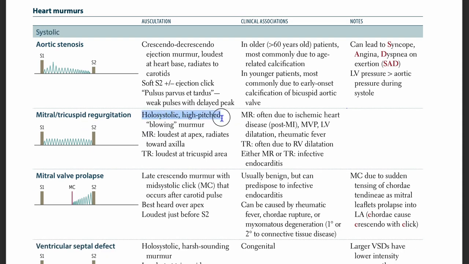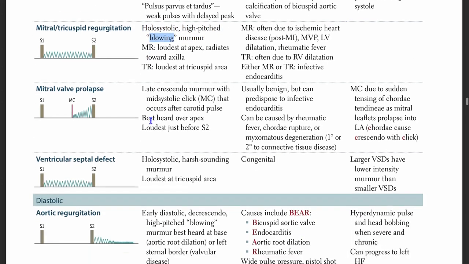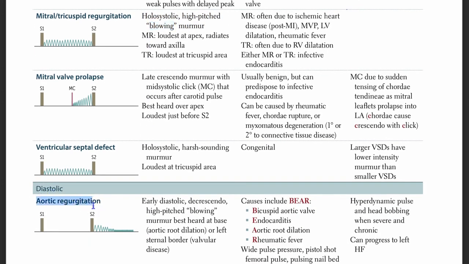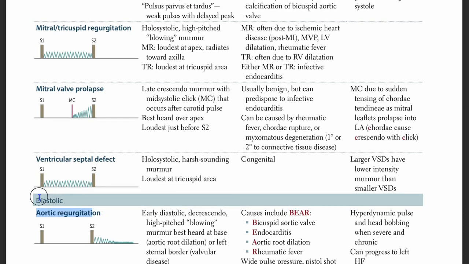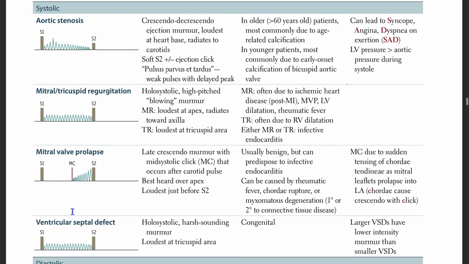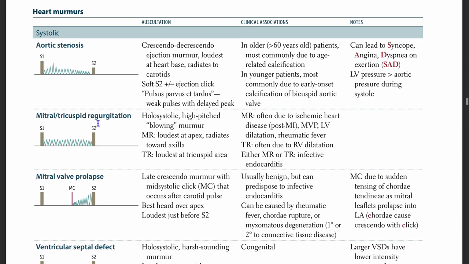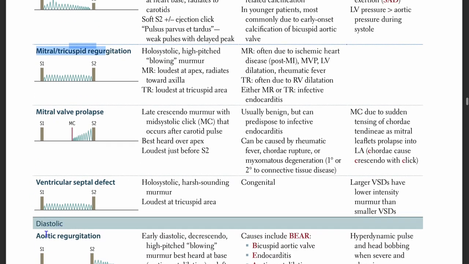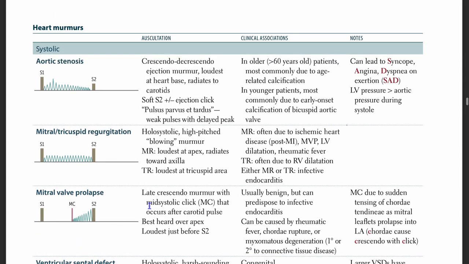So holosystolic, high pitched blowing murmur again. So this blowing and this blowing. So if it's a diastolic blowing murmur, it's going to be AR. But if it's systolic, then it's going to be this regurgitation and not the aortic regurgitation. But blowing only happens in regurgitation.